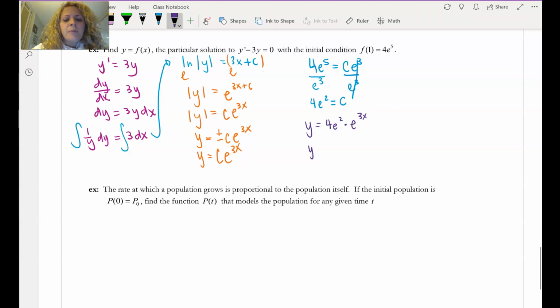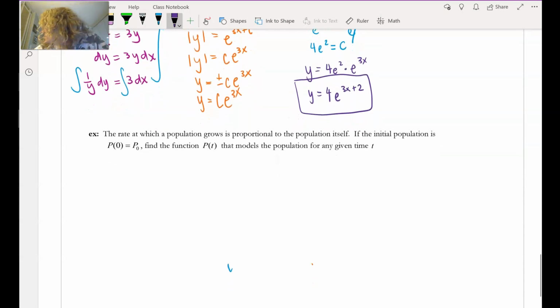But just remember, we can clean that up using those power rules, that since we have two powers with the same base e that are being multiplied, we can add their exponents. So I might write that as 4 times e to the power of 3x plus 2. And that would be our final answer, although both of those final answers are correct. All right, this last question is one last question we're going to do.